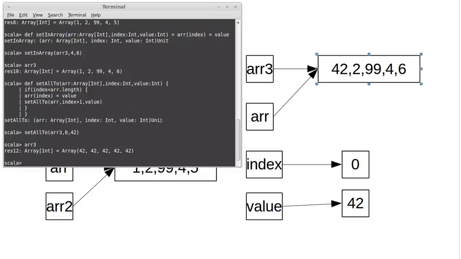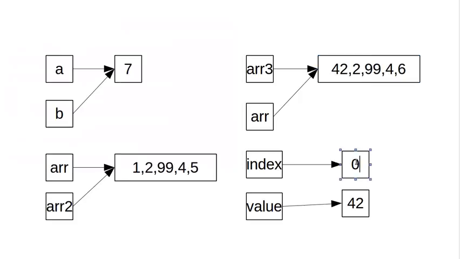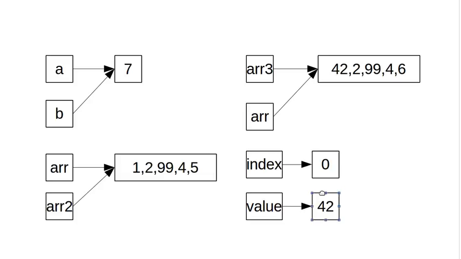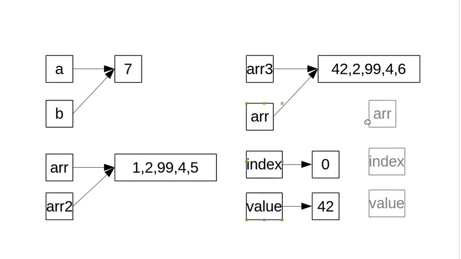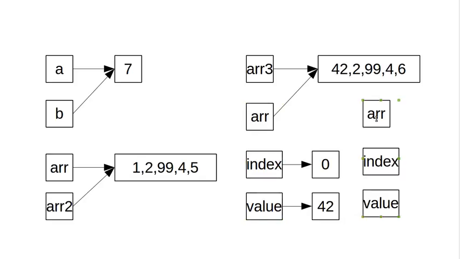Now I'm not going to draw this all out, but at that point we get another stack frame. We get another set of all three of these variables, arr, index, and value, created all over again. So I could, if I wanted, make this a little bit smaller and copy these, paste them over here. We have another set.